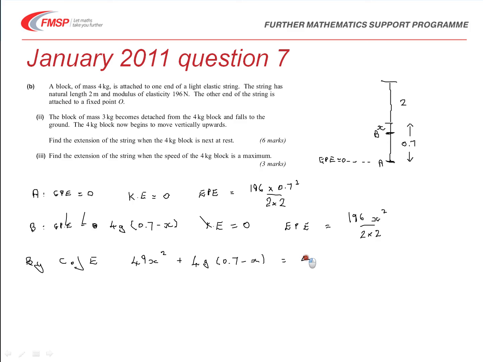That's going to be 49 times, well, 0.7 squared is 0.49.